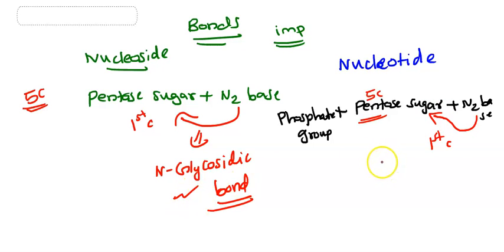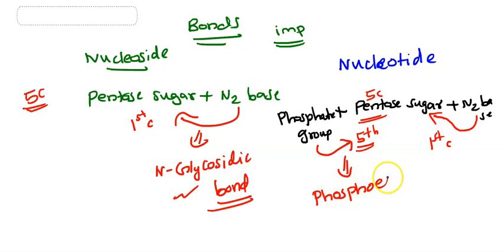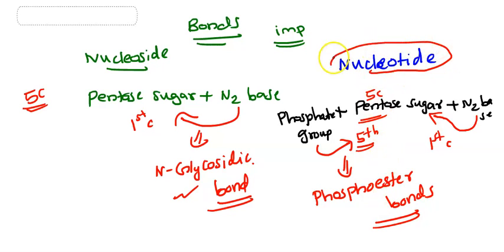In addition to that, the phosphate group will attach to the fifth carbon of the pentose sugar using a bond called phosphoester bond. Two bonds we discussed here. One is N-glycosidic bond and another one is phosphoester bond. Okay, so this is about nucleotide.